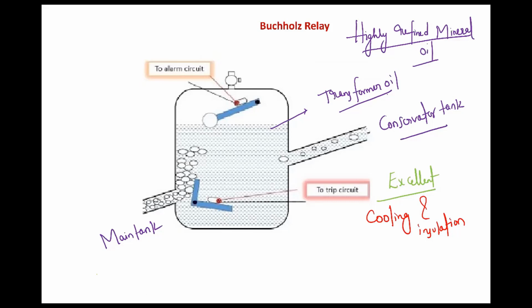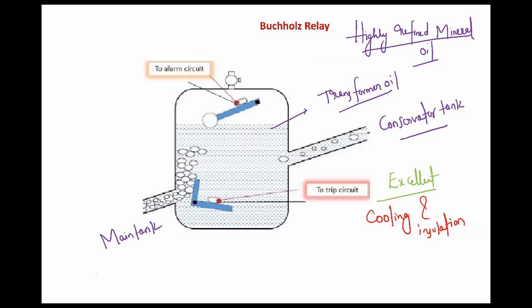Okay, whenever some internal spark happens because of lamination short circuit, winding short circuit, or any other fault, it will evaporate the transformer oil.